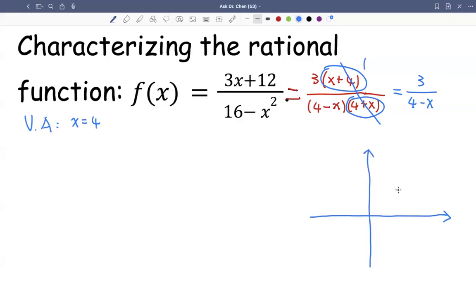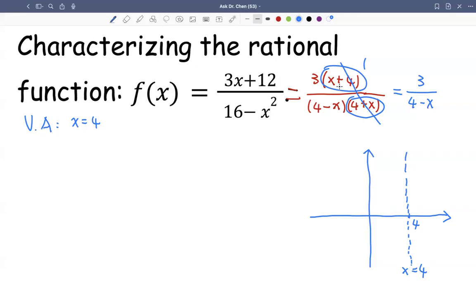So the vertical asymptote, let's say this is 4. A vertical asymptote indicates the value 4, so the graph never crosses this line, x equals 4. It either survives on this side or on this side.